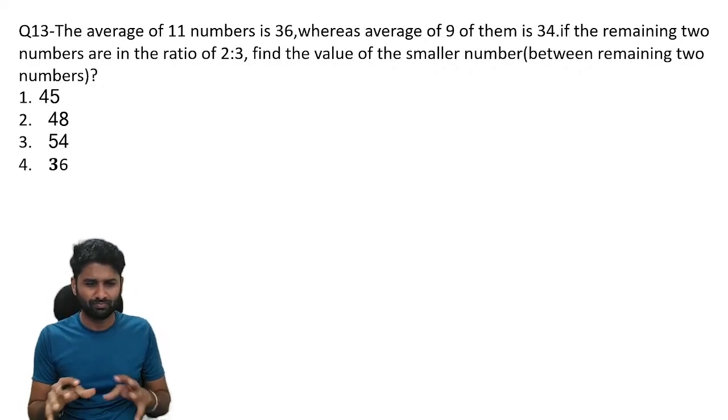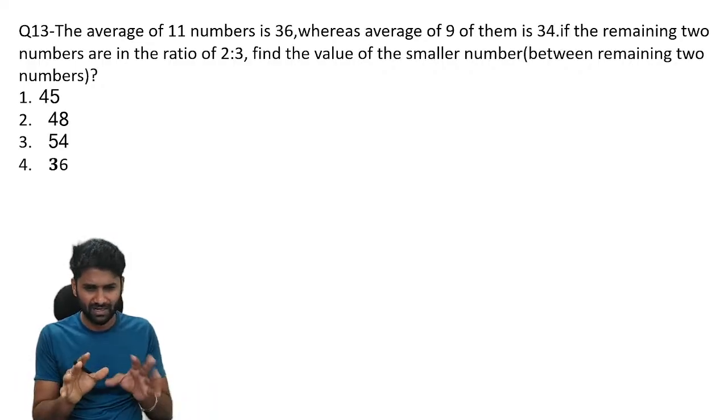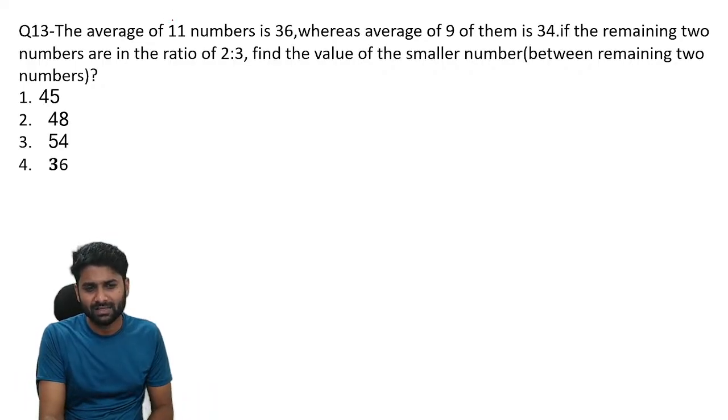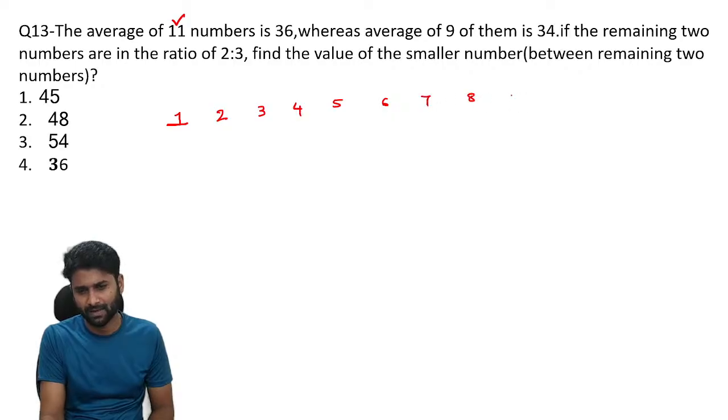Don't go for too many calculations, guys. Understand that. Average of 11 numbers is 36. What does it mean? There are 11 numbers: number 1, 2, 3, 4, 5, 6, 7, 8, 9, 10, 11.